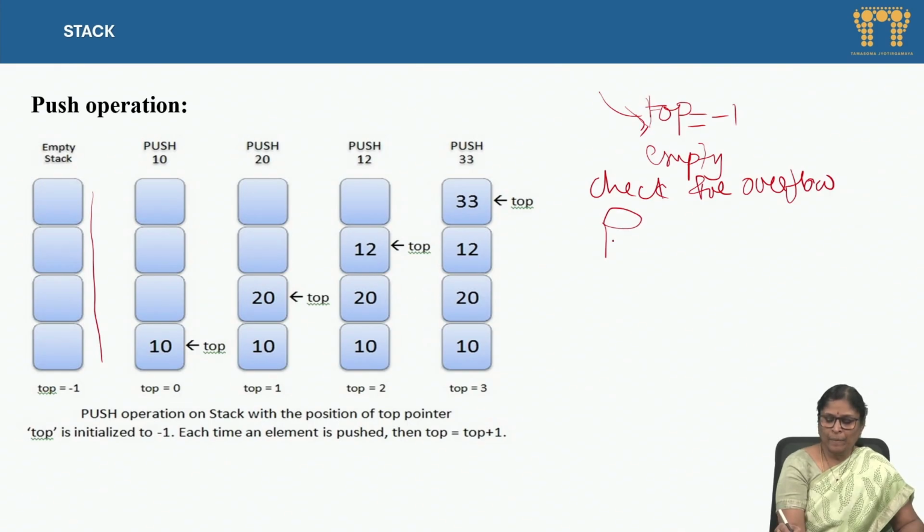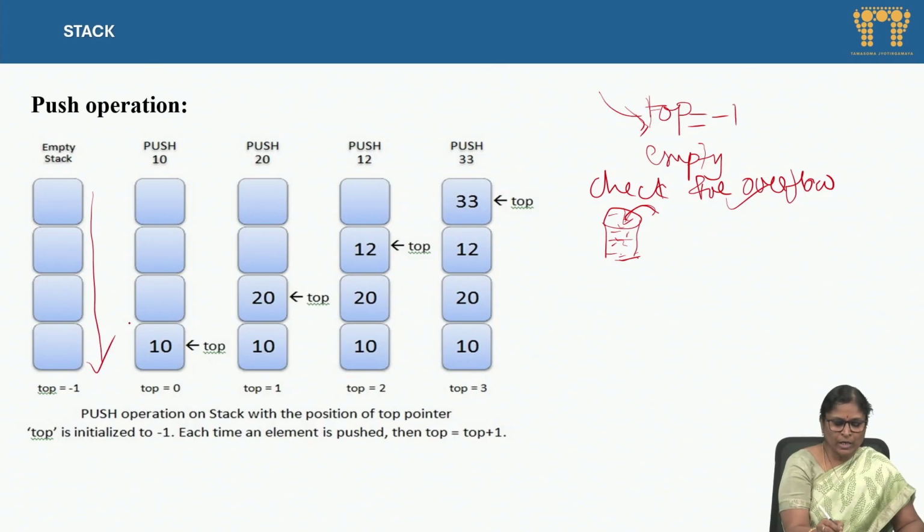Suppose you take a bucket of water, and your bucket is already filled. Can you still add water to it? No. This is an overflow condition. So whenever you want to perform a push operation, the first condition you have to check is overflow. If your stack is already full, you cannot insert an element into it.